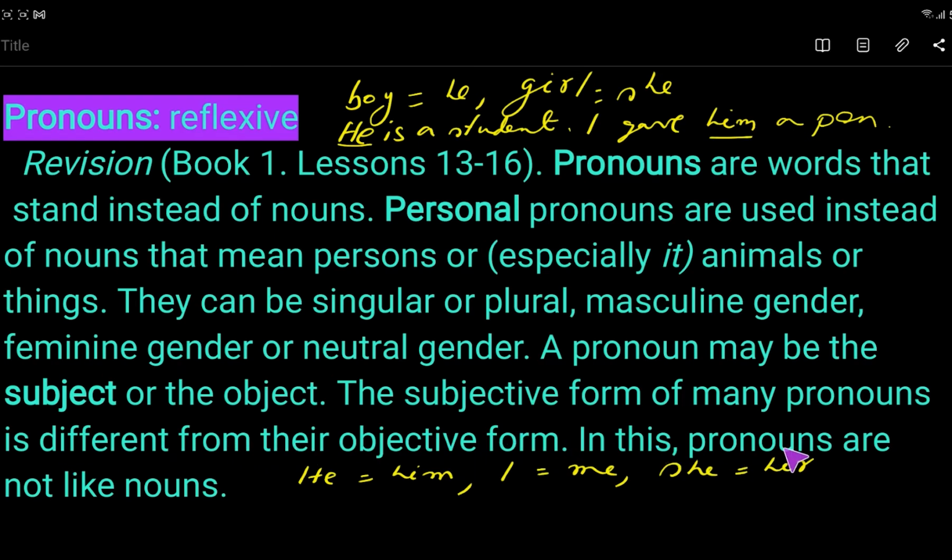In this, pronouns are not like nouns. Why is it written? Because if we use a noun as a subject or as an object, its form will not change. I can say Shekhar is a student, and I gave Shekhar a pen. You can write it this way. So it is written for this reason, that in this pronouns are not like nouns.